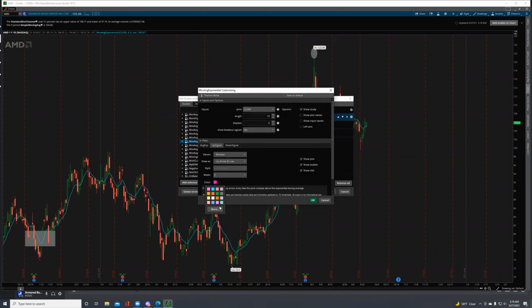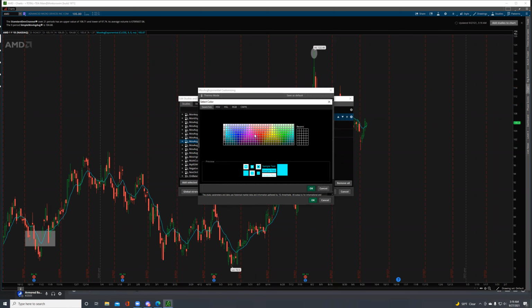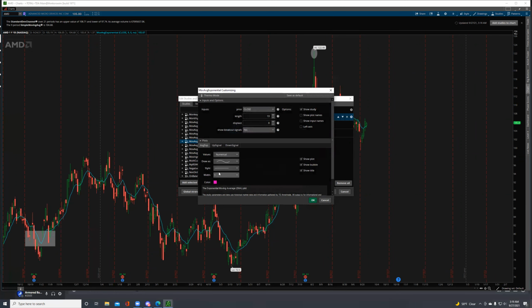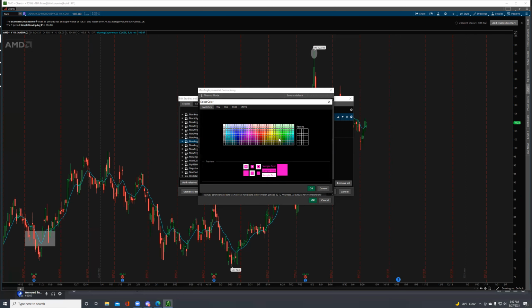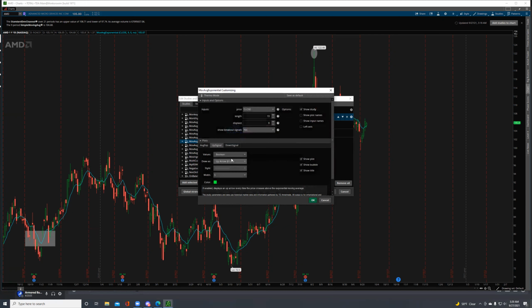Up signal here is gonna be green. Oh, this is supposed to be purple, my bad. This is the one that's going to be nice green. Okay, looks good.